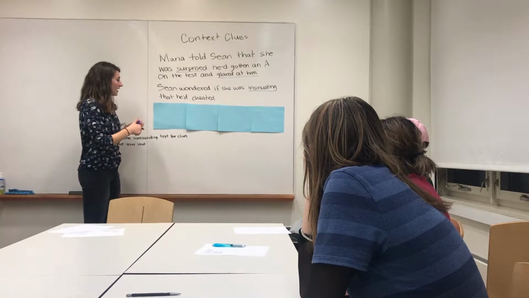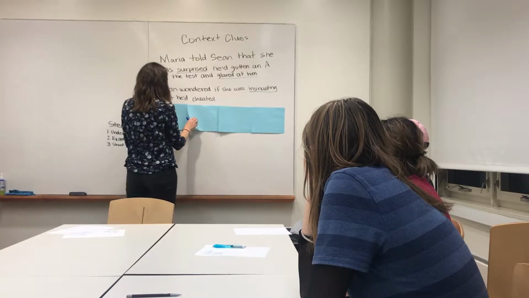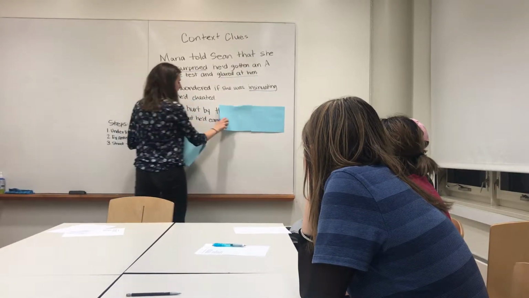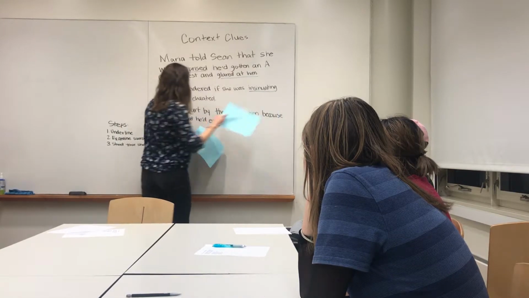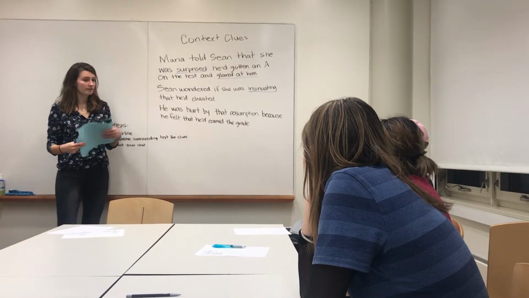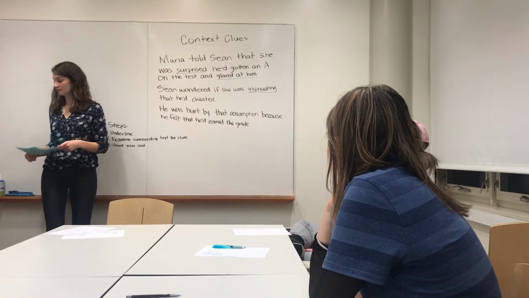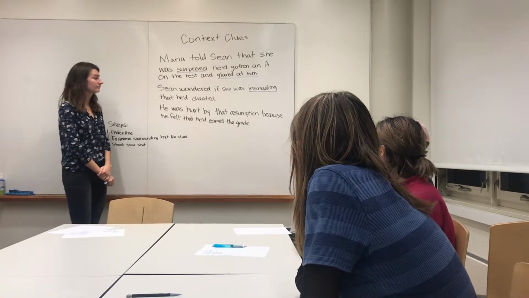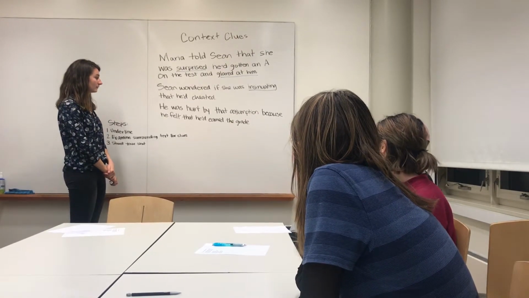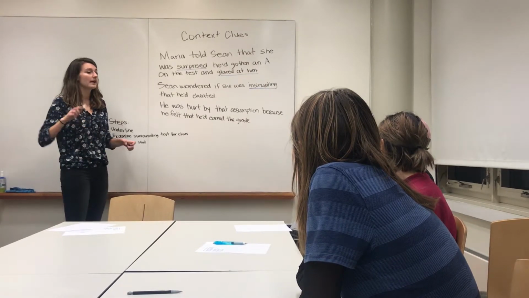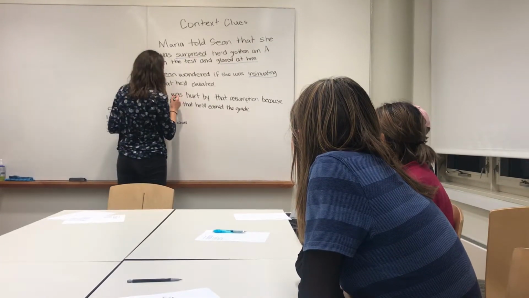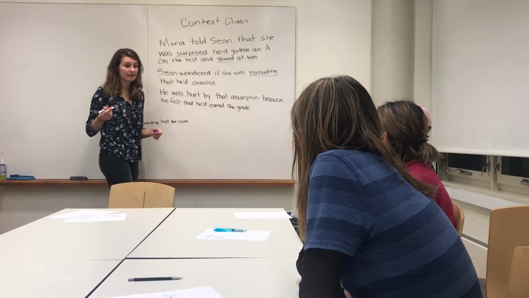Okay. Now we're going to add even a little more context underneath. Who wants to read this one? Gracie? He was hurt by that assumption because he felt that he'd earned the grade. Okay. Here we have another mood clue: he was hurt, so again, negative.